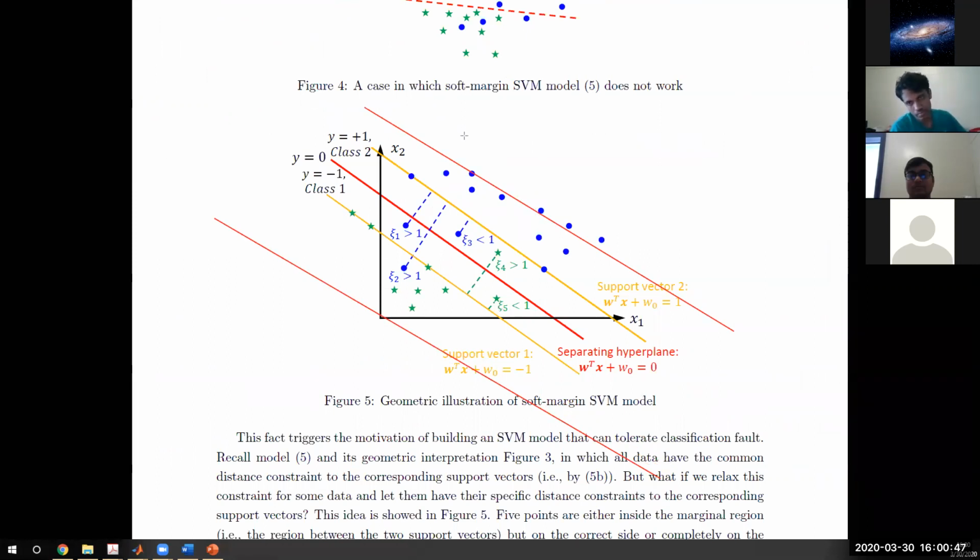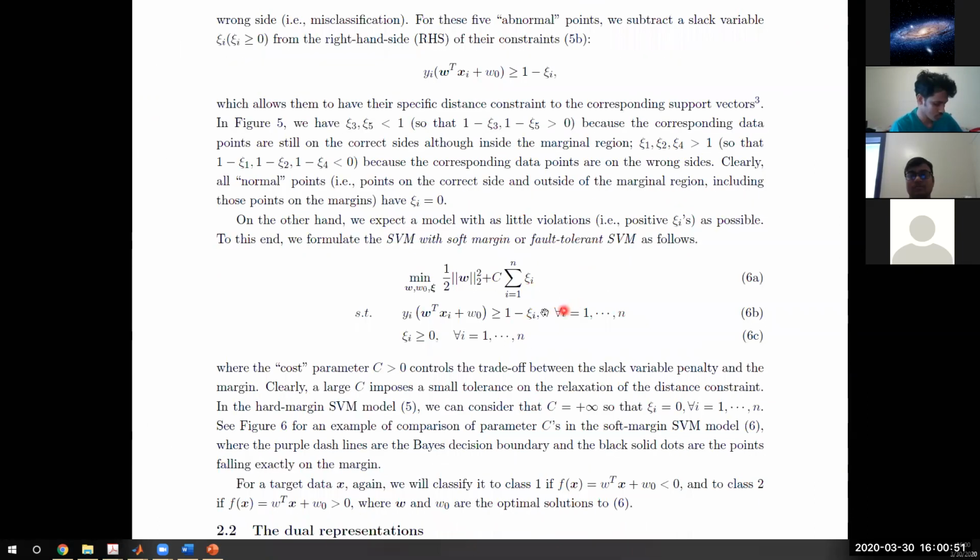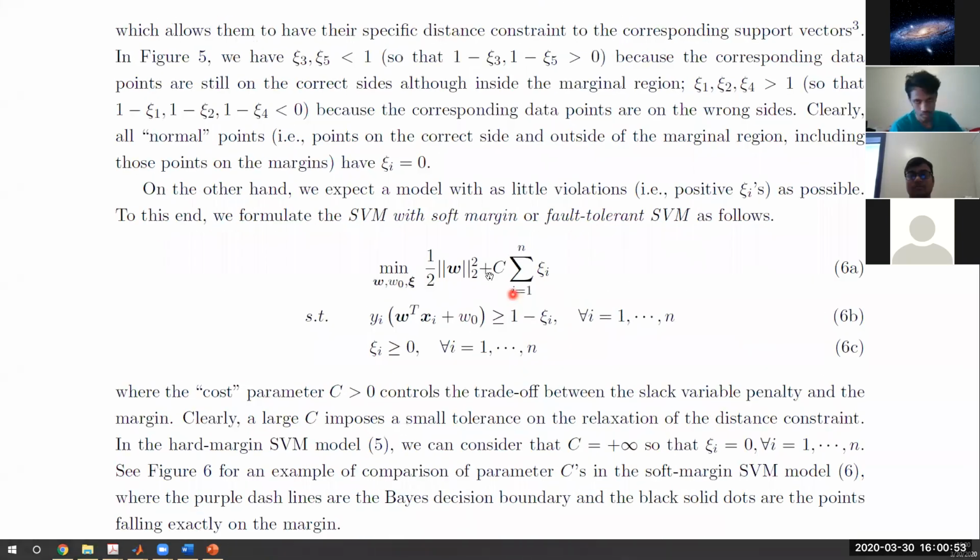Clearly not. As we just mentioned, we are facing a problem of trade-off. If my C is big, then what's going to happen is that I do care about the violations, this summation of these slack variables. In other words, I want this model to be, if possible, close to the hard margin SVM, so I want the added slack variables to be small, right?